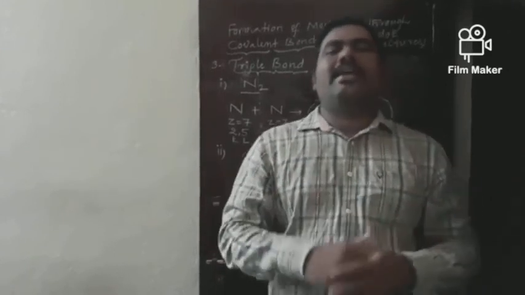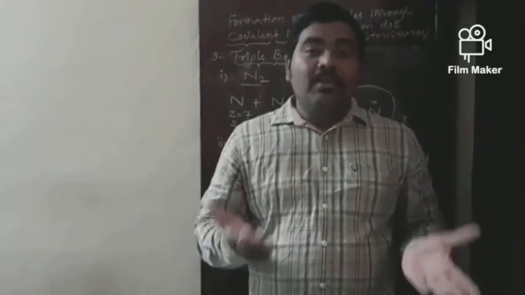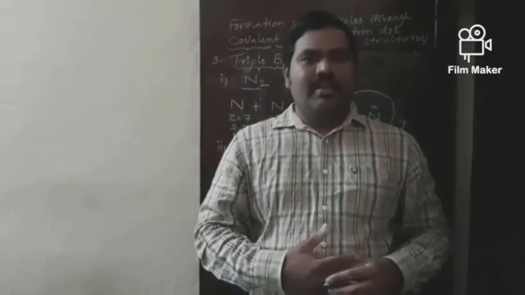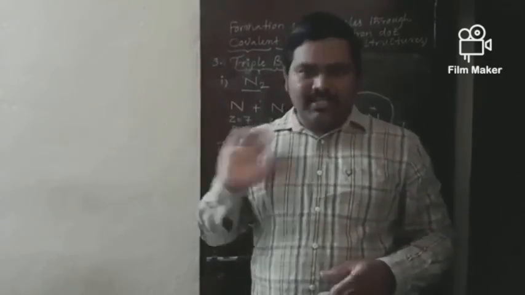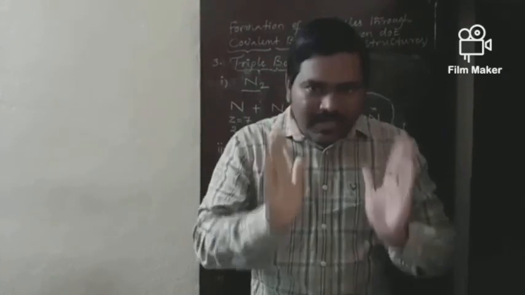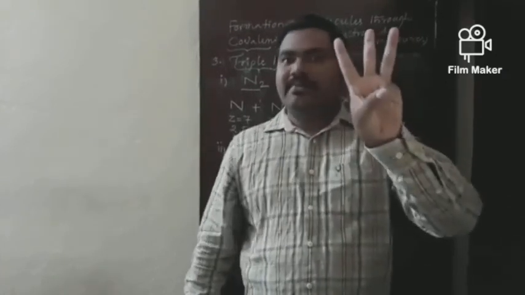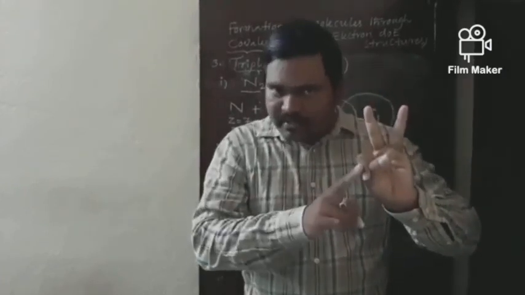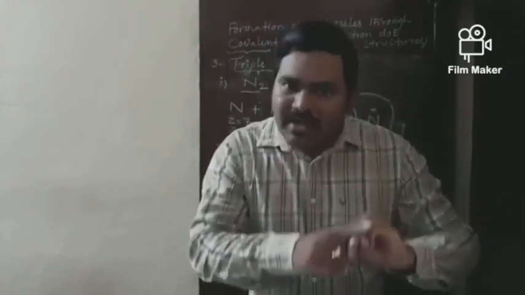A double bond is formed due to sharing of two pairs of electrons. And a triple bond is formed due to sharing of three pairs of electrons. While deriving these explanations of molecules, try to remember three definitions. What are they? Lone pair, bond pair, bonding atoms.